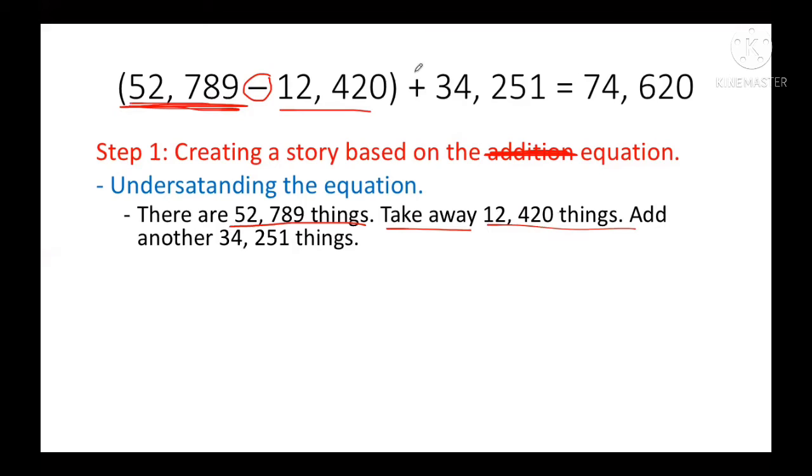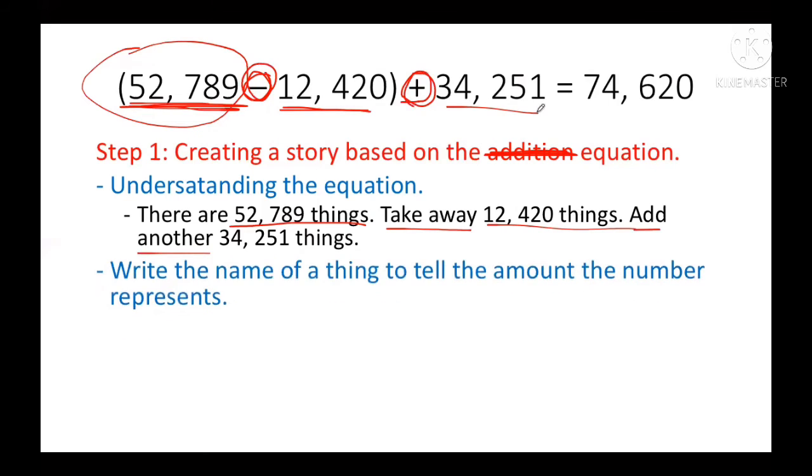Then use another word to understand this: add another 34,251 things. To understand the equation, start with the first number, then think of a word that defines the operation, then the second number, another word, and then the third number.